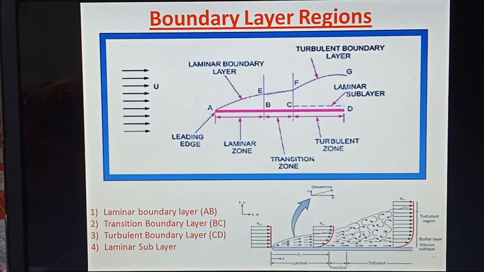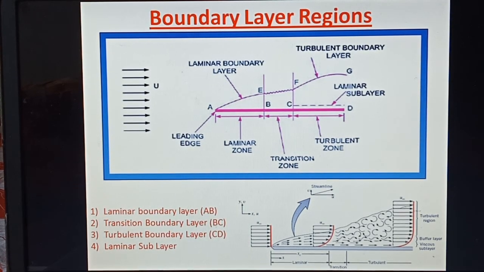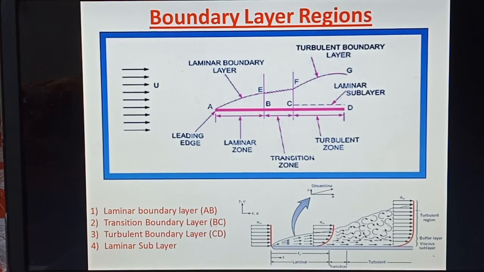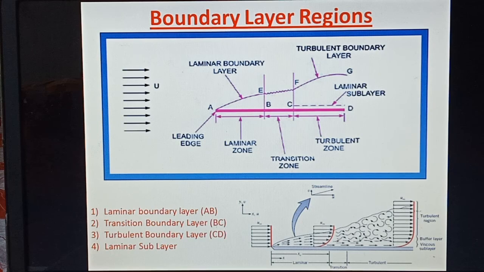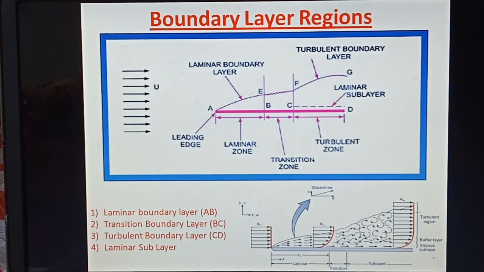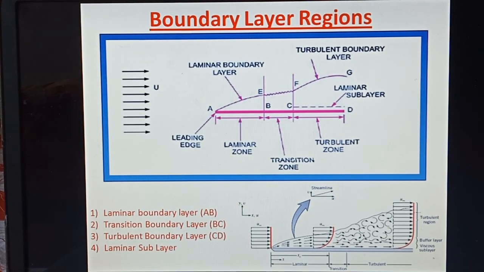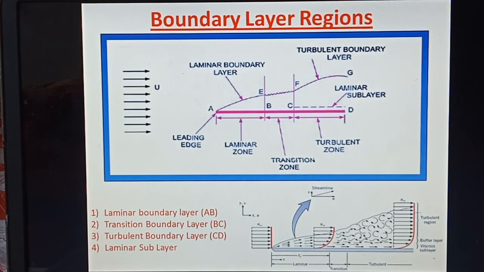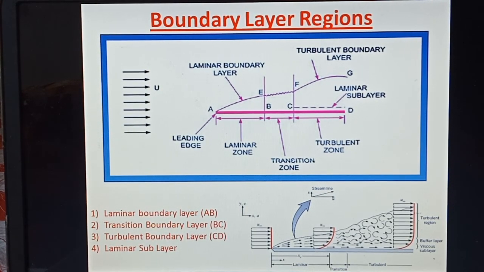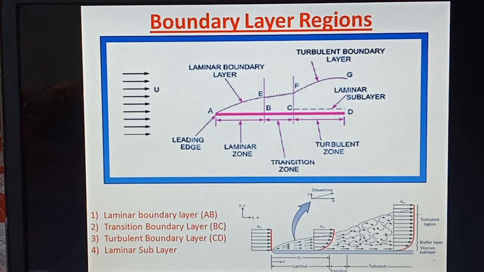But as we move in the downstream direction, the flow becomes unstable, the fluid motion becomes very irregular. Why? Because now the velocity variation increases compared to the laminar zone, and therefore the laminar boundary layer gets converted into a turbulent boundary layer. In between this conversion from laminar to turbulent, the zone B to C, we can call that zone the transition zone.